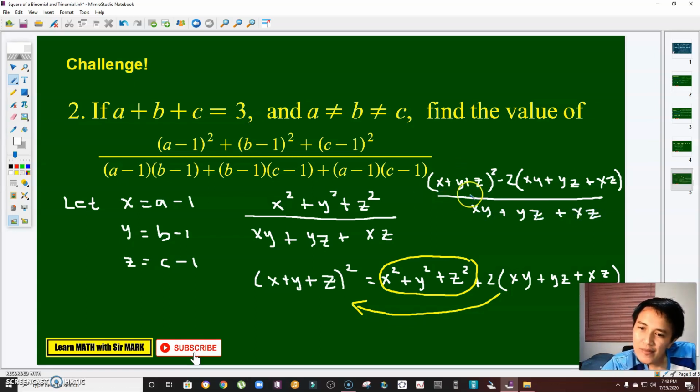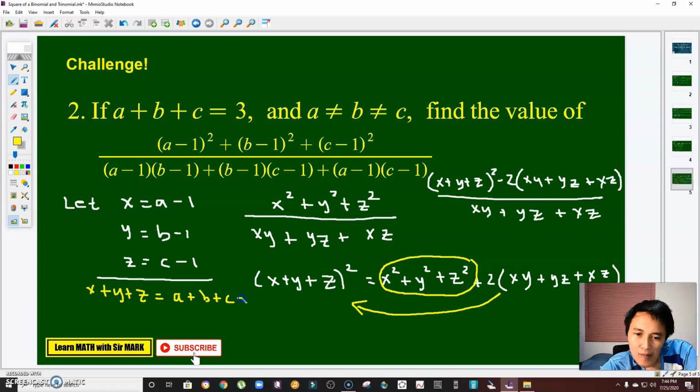Note that in my numerator, you add X, Y, and Z. What will happen if I add them? X plus Y plus Z equals, since there are no common terms, A plus B plus C minus 3, since negative 1 appears three times.